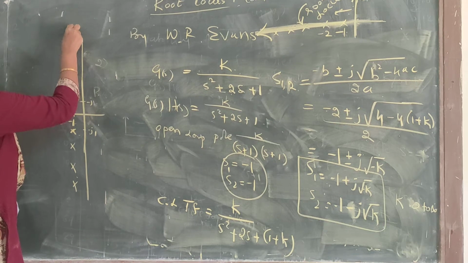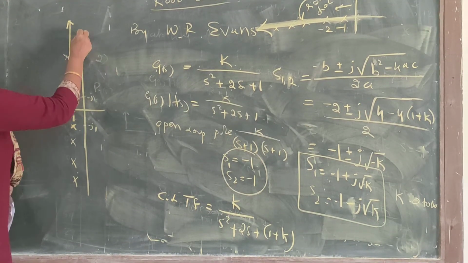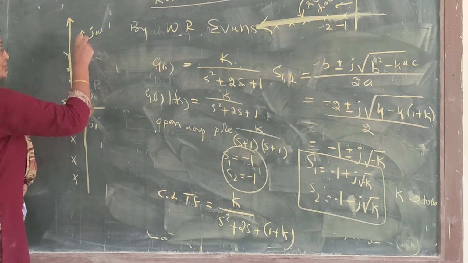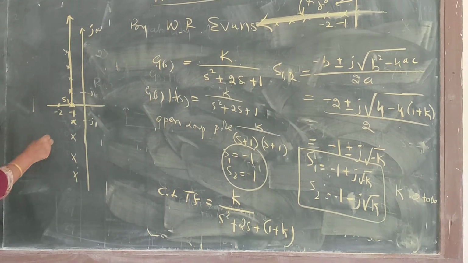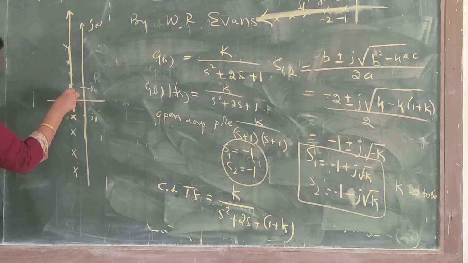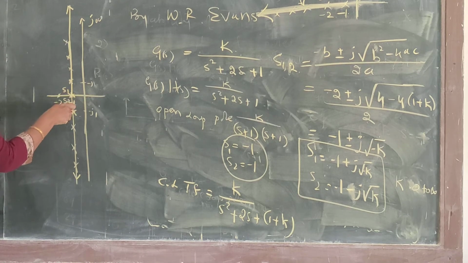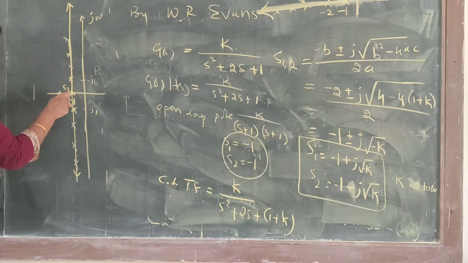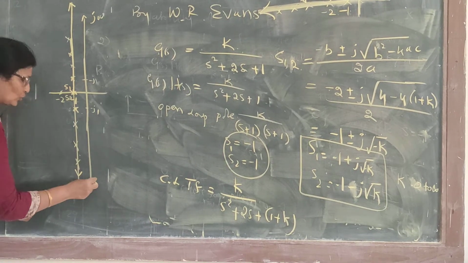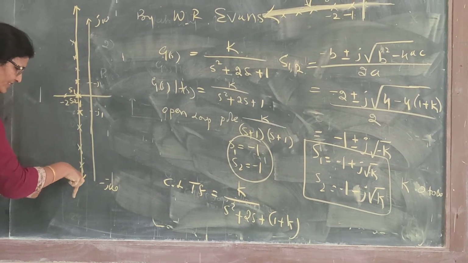It is moving towards infinity along the positive imaginary axis. Similarly, that is pole S2. If you join these poles, S2 is moving along the negative imaginary axis.